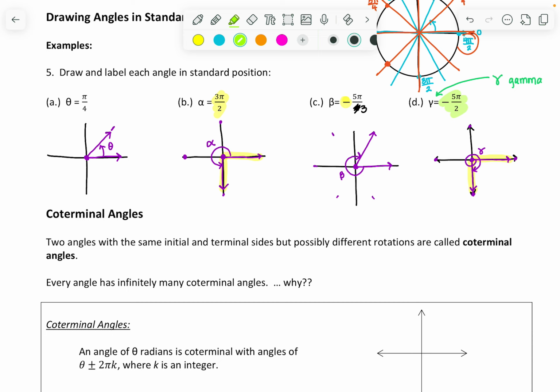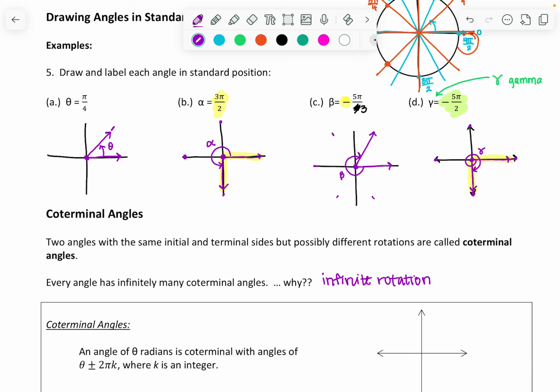It makes sense that every angle should have infinitely many coterminal angles because of the way we define angles in this class. You can do infinite rotations around a circle. So I can rotate any multiple of 2 pi. Remember, 2 pi is a whole circle. 2 pi times the radius is the arc length, but 2 pi is going to be the angle no matter what the radius is.